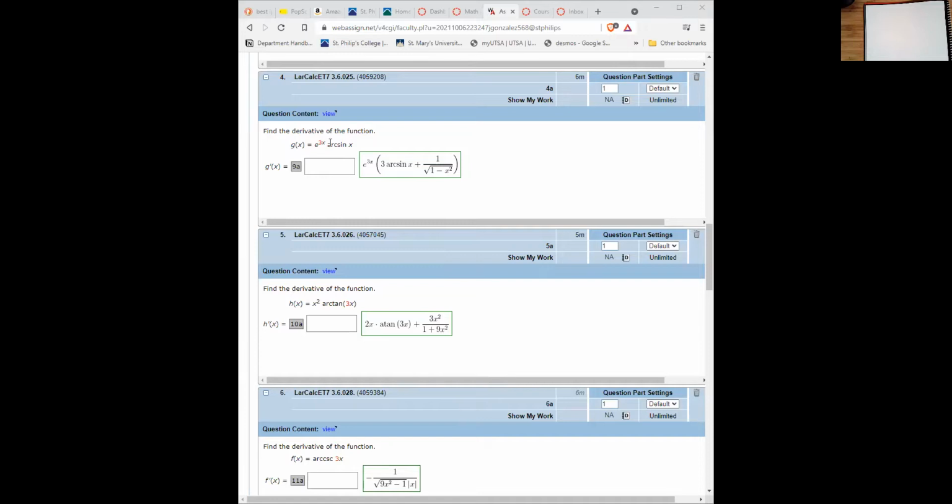Okay. So the next couple of questions is the same type of thing, except they're going to have product rules. You see this? This is going to be a product and a chain. This would be a chain and a product.